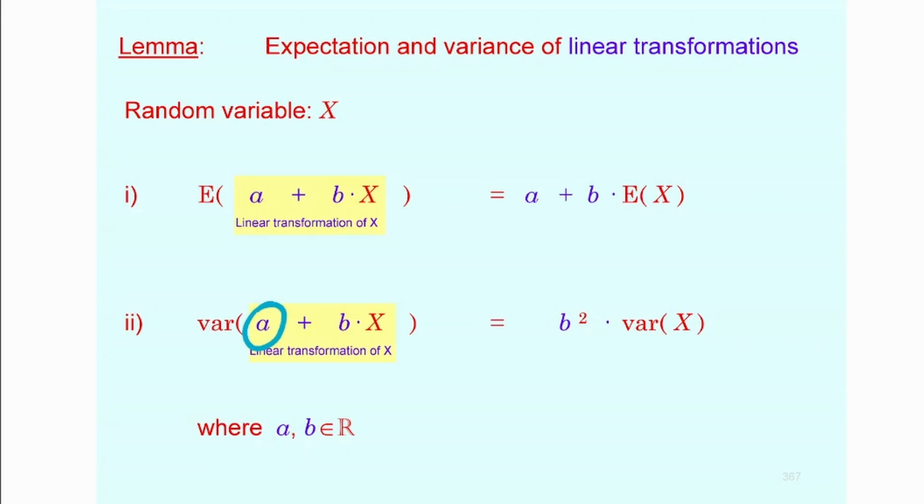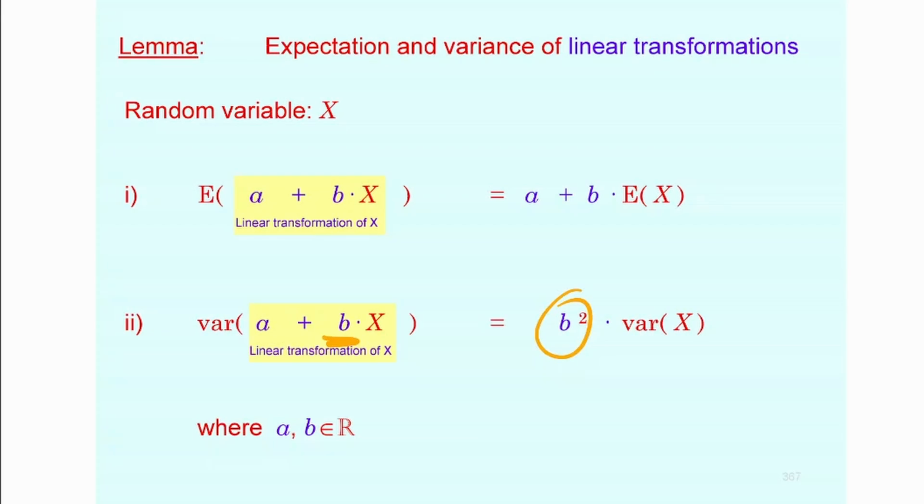However, it will depend on the multiplicative constant, and it's going to be depending on its square. And the question is why? I mean, okay, you could prove it relatively easily when you look at certain properties of variances and expectations and so forth. It's easy to show this because the variance is nothing but the expectation of the squared distance of the random variable to its mean.